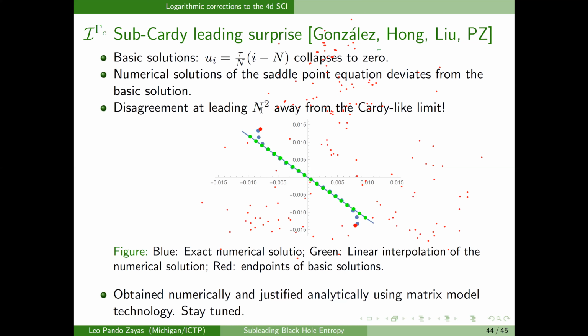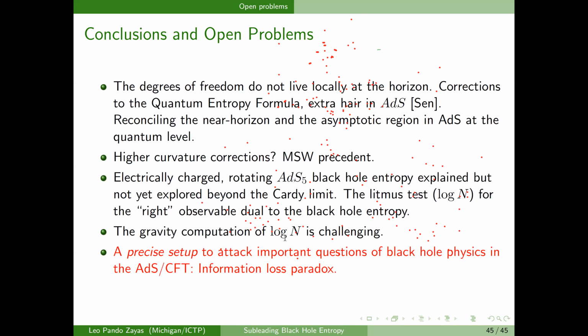Of course, we want to clarify this part and then move on to the logarithmic term, and see if it even coincides with what we expect as the logarithmic correction from the other approach. All right, so with that, I want to conclude.